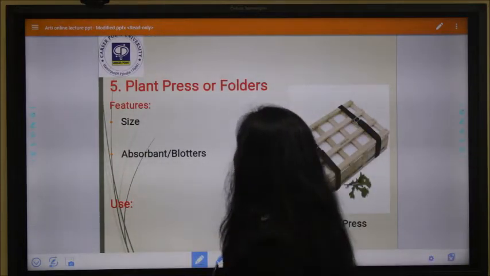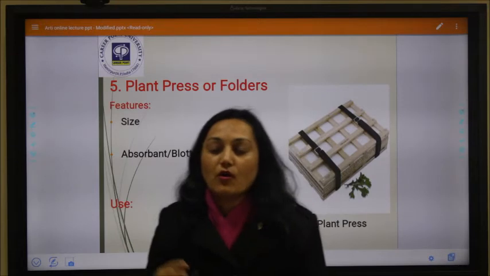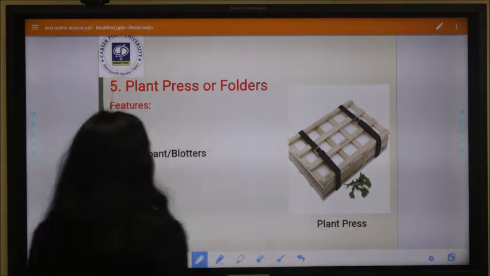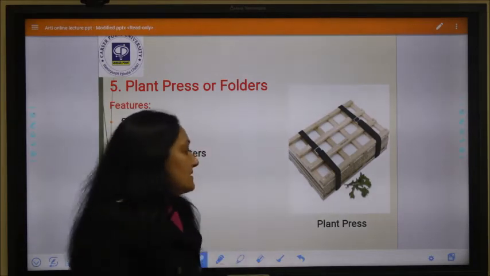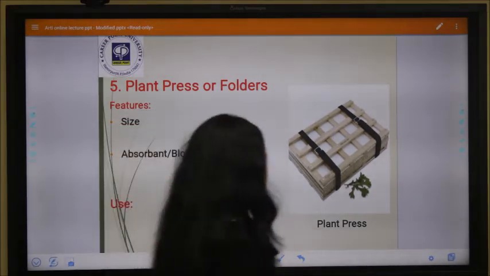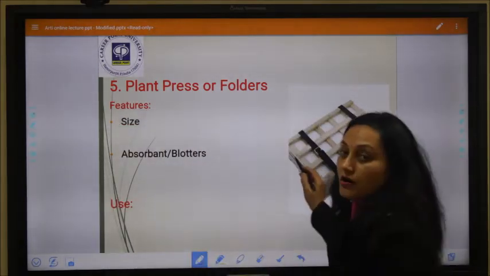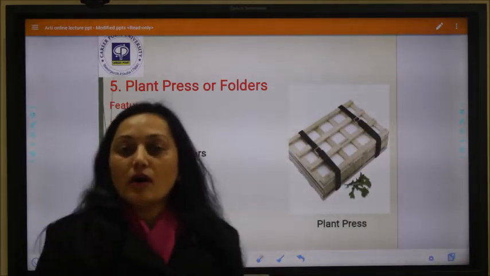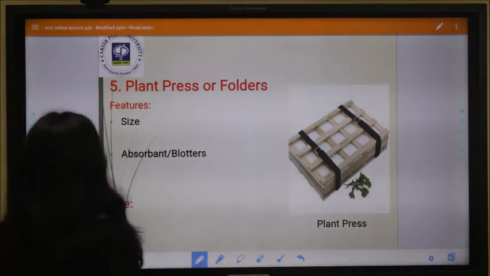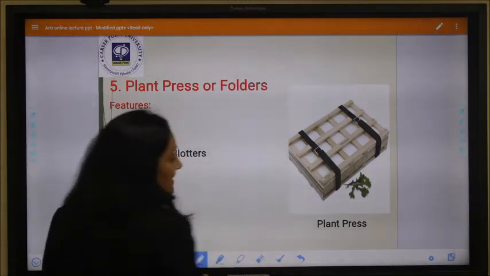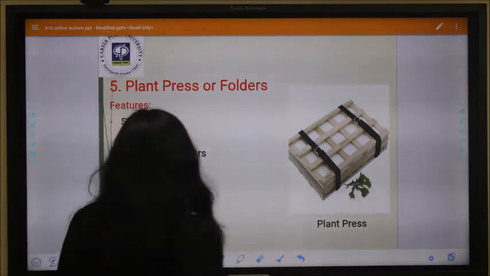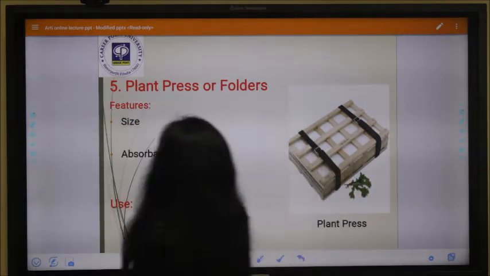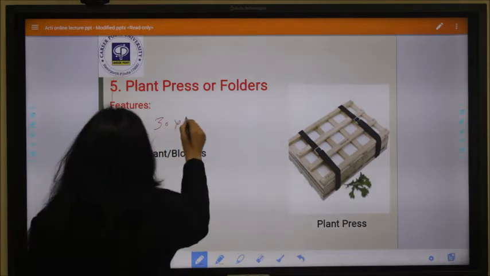Next, most important is press or folder. What is the use of this press or folder, and what is this press and folder? As you can see in the picture, it is a pair of metal, wood or plywood frames. The size of this plant press is 30 by 45 centimeter.